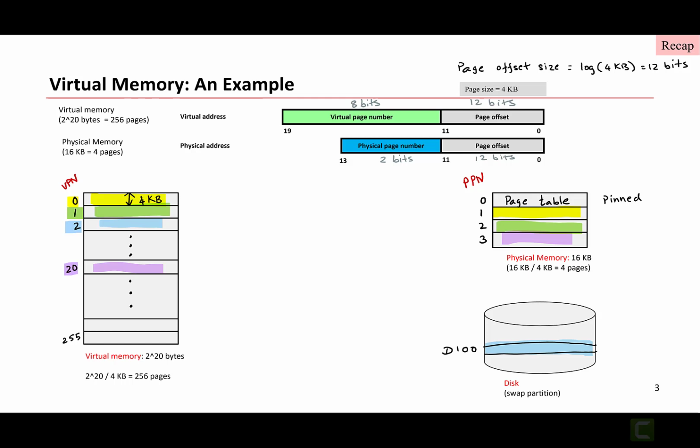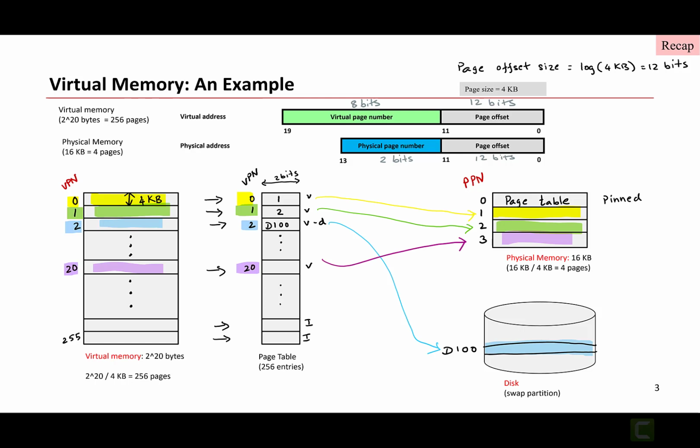In addition, you may have allocated space on your disk, and that space can be changed by configuring your operating system. Now, at any given time, when an operating system is requested to create a process, it would create a new process, and as part of that process creation, it would create what is called a page table.